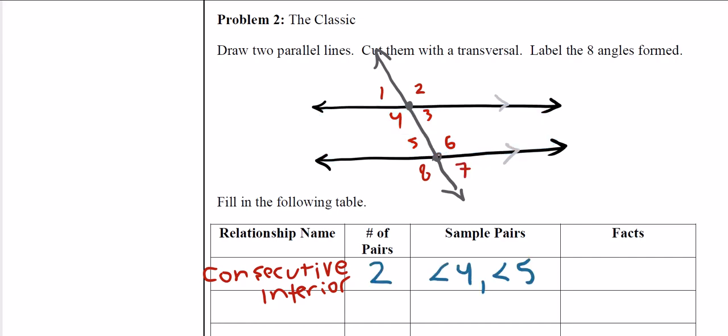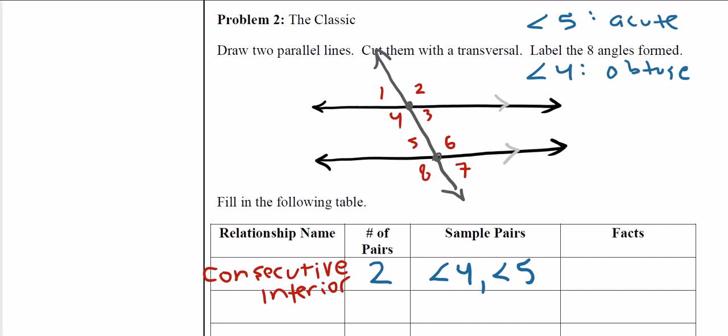So if we look at angles 4 and 5, for example, you'll note that angle 5 looks to be acute. And if you're not sure what that means, you're going to want to go back to your notes on angles. Acute means an angle less than 90 degrees. Whereas angle 4 looks like an obtuse angle, which means it's more than 90 degrees. And so we can't say that they're equal to each other.